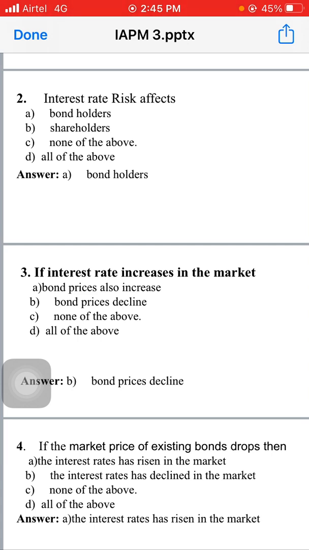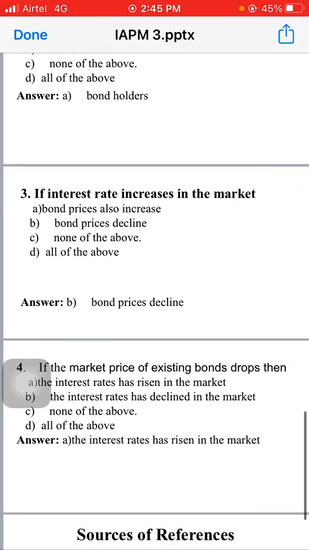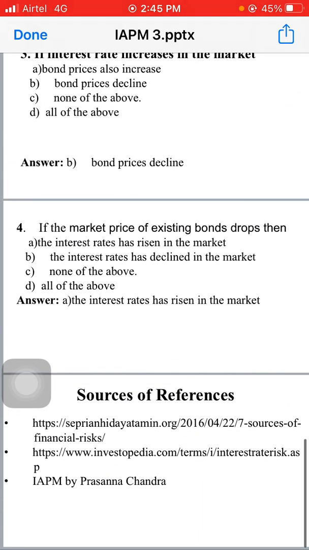If at all the market price of the existing bonds in the secondary market is increasing, then it is a clear indication that the interest rates have dropped. It is a vice versa situation. If the market price for existing bonds drops, then it is clearly understood that the interest rate has risen in the market.